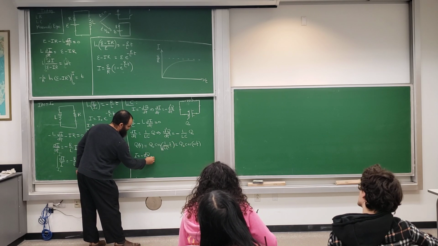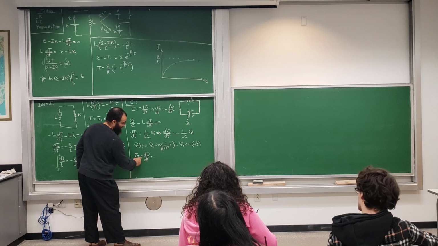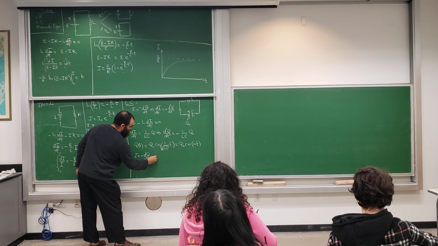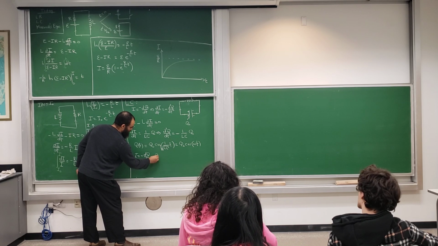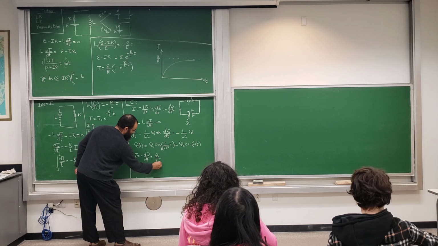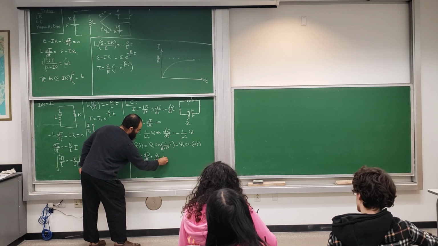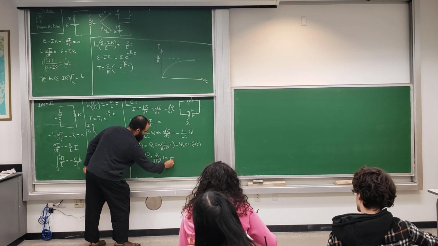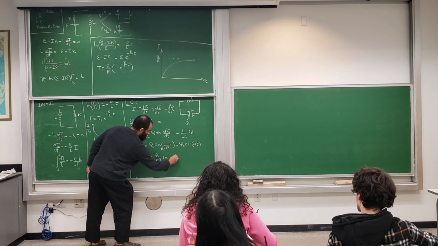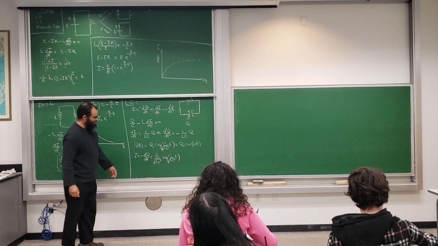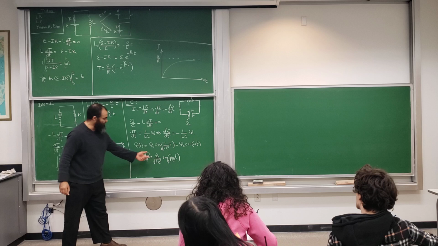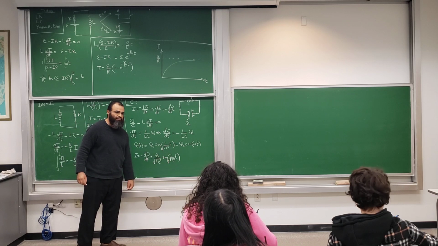Minus sign, and then there is a minus, so it becomes a plus sine. So it'll be q naught over the square root of LC times the sine of 1 over the square root of LC times t. So sine of t equal to 0, sine of 0 is 0.